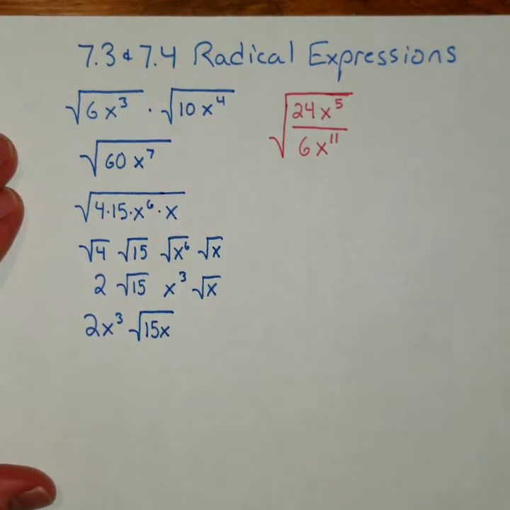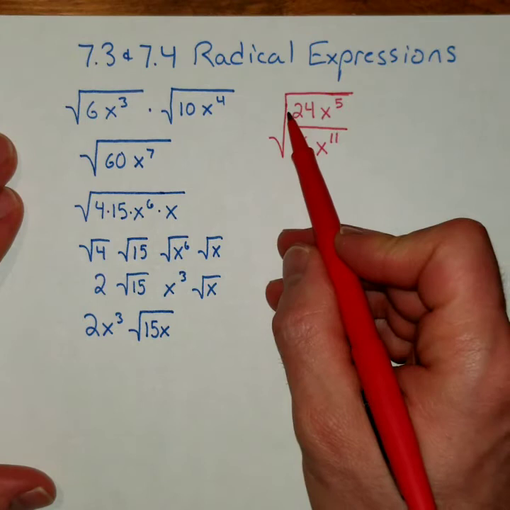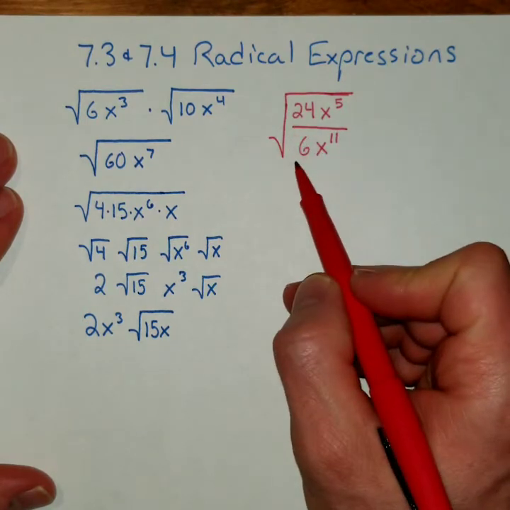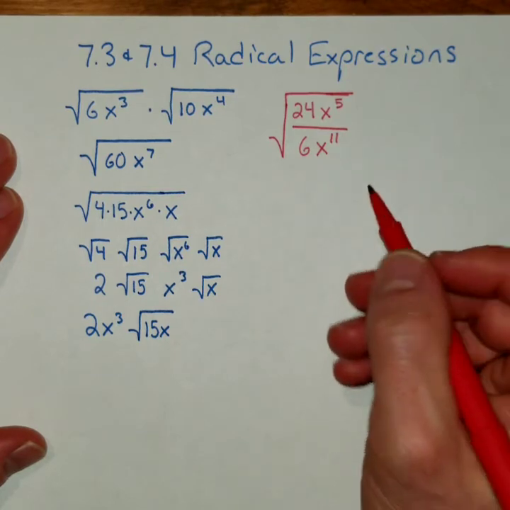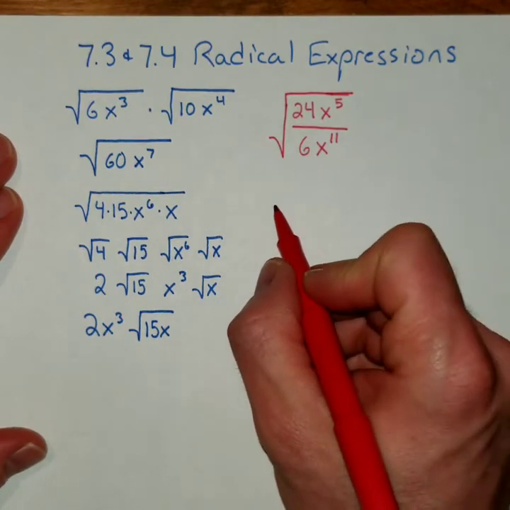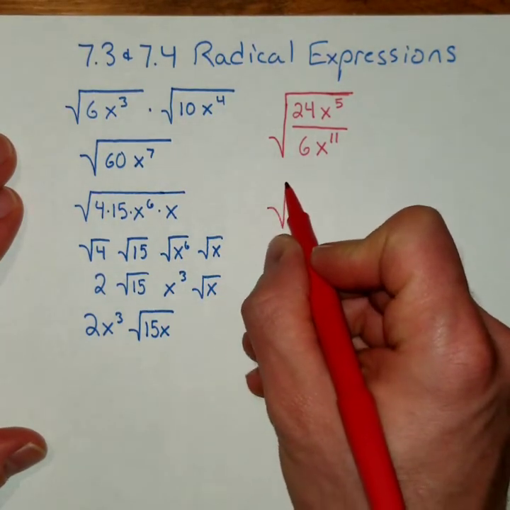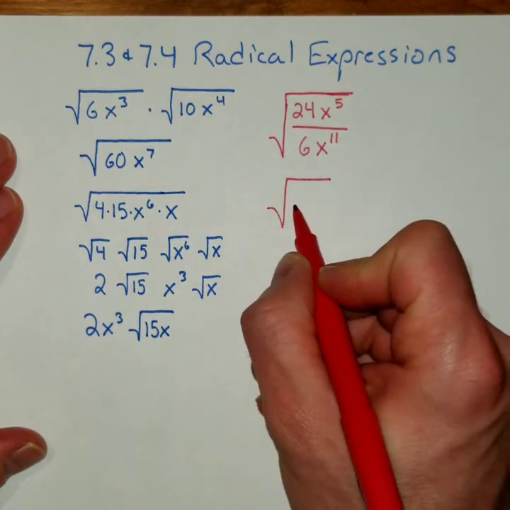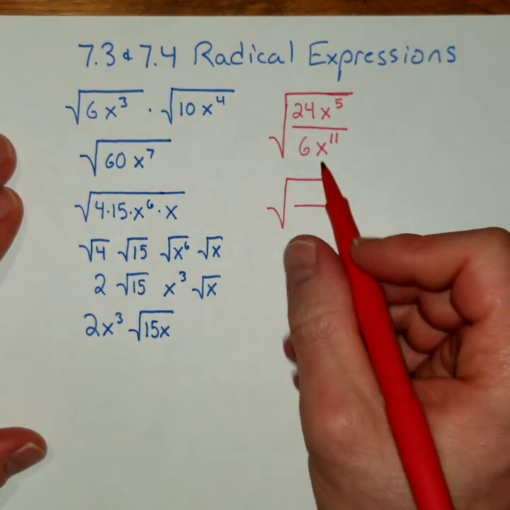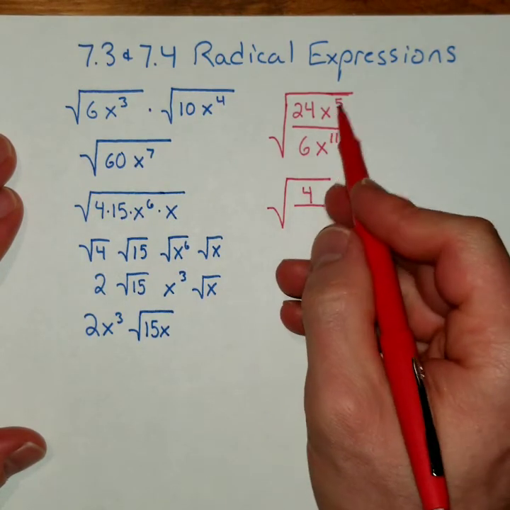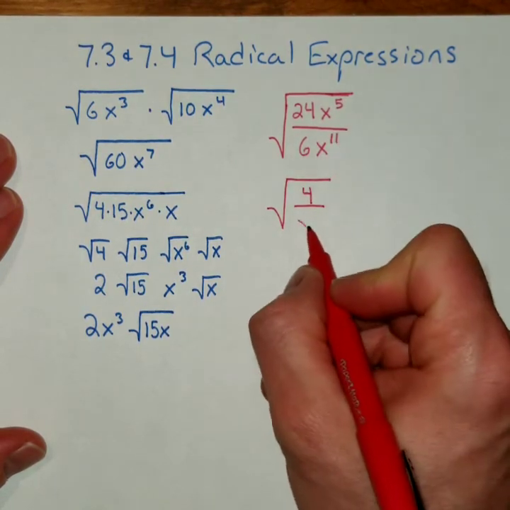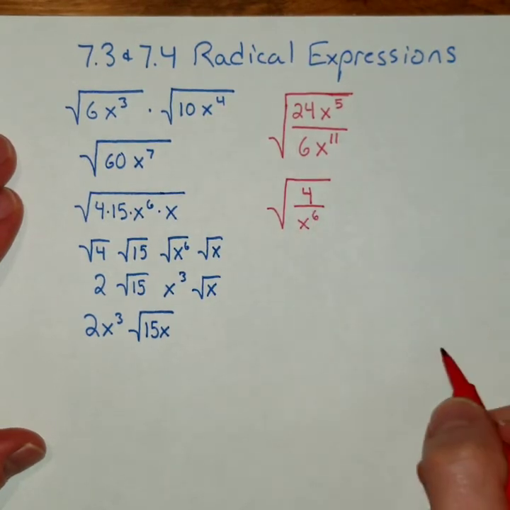Alright, and so in this one I can't immediately take the square root of the 6 or the 24, but what I can do is simplify inside first and call this, let's see, the square root. Now I'm going to have a fraction still. 24 over 6 is a 4 on top. X to the 5th over x to the 11 is x to the 6th on the bottom.